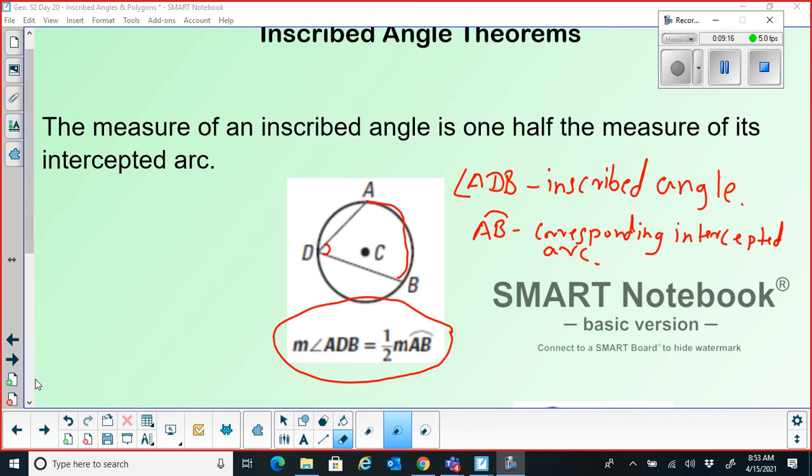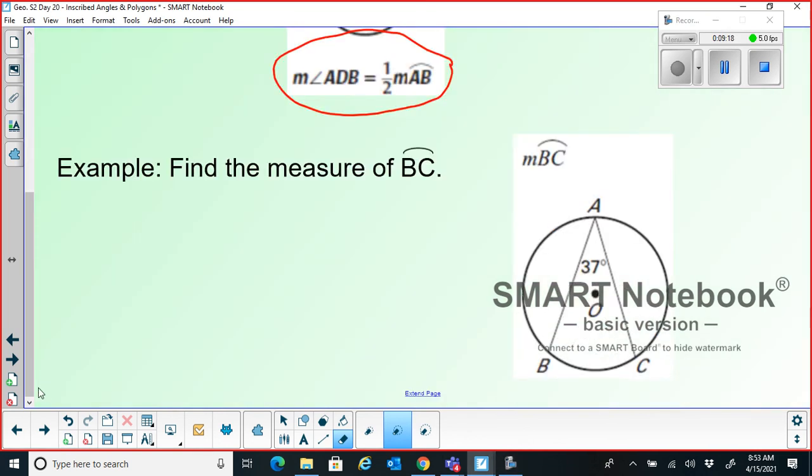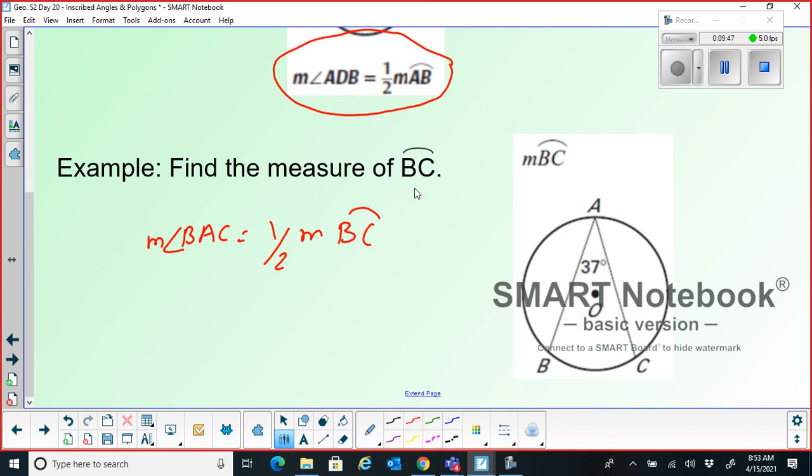Let's see one example based on this particular theorem. Find the measure of arc BC when they have given the inscribed angle as 37 degrees. We know that the measure of angle BAC is going to be half of the measure of arc BC, from the theorem. They are asking us to find arc BC, and I have been given this as 37 degrees. So substitute: 37 degrees equals half of the measure of arc BC.